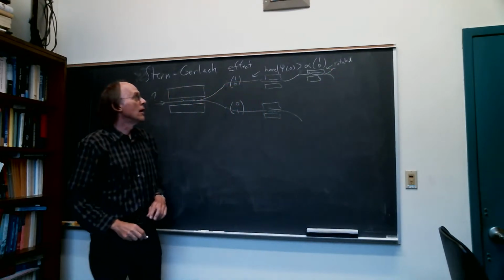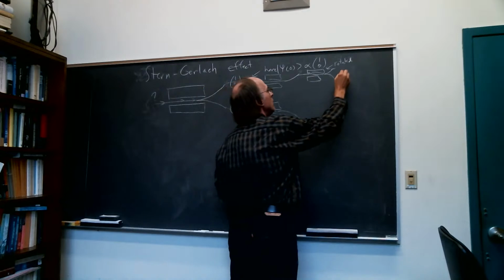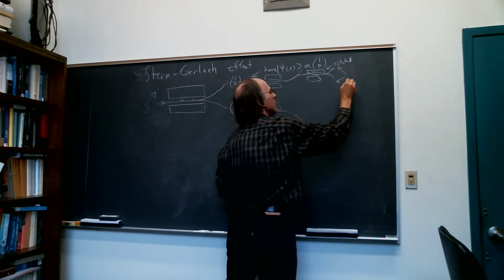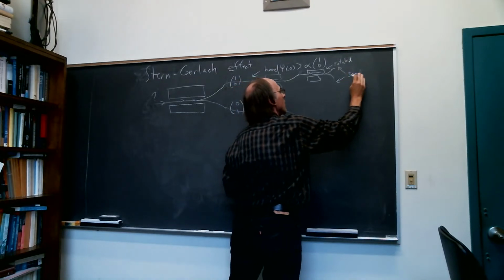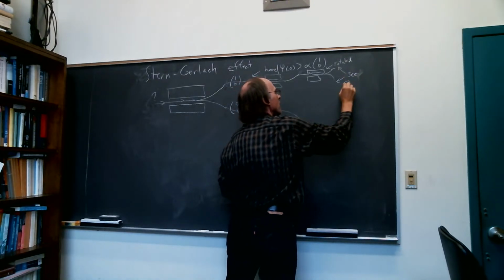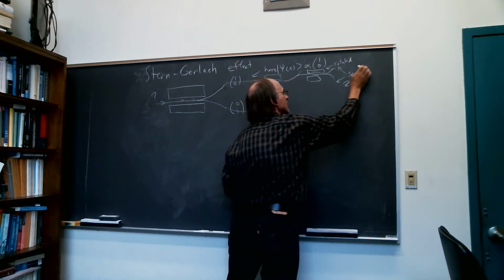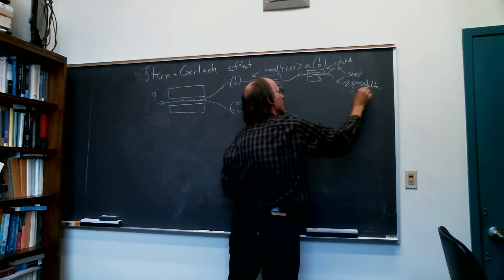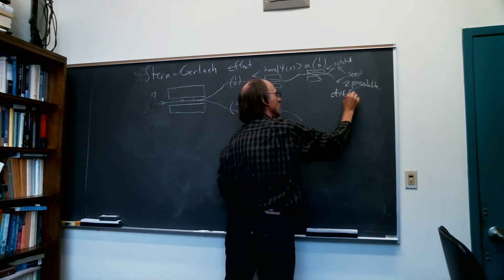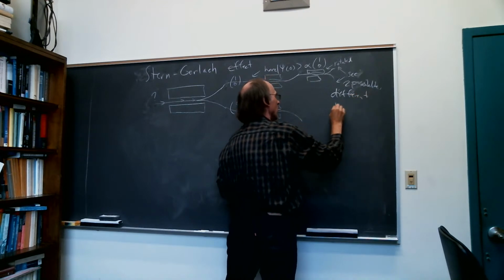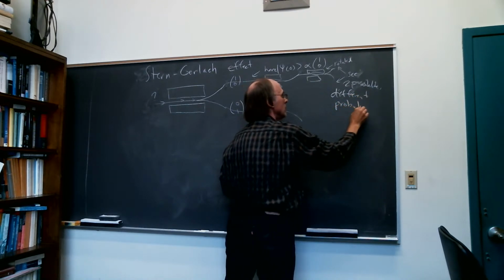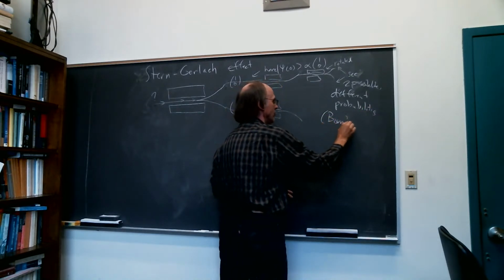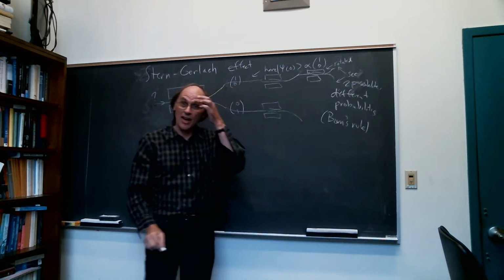And you're going to see two possibilities with different probabilities, and Born's rule tells you how to calculate them.